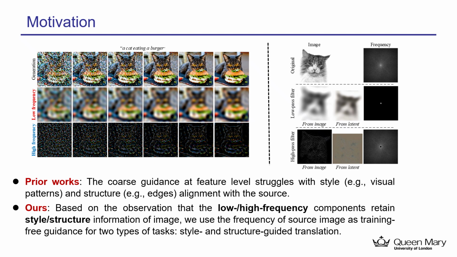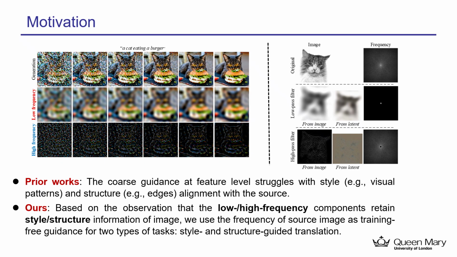In this kind of work, prior works commonly use attention manipulation to perform the translation, but we argue that the coarse guidance at the spatial level struggles with style or structure alignment with the source. Based on the observation that low or high frequency information actually preserves the cell structure of the image. For example, let's take a look at this figure on the top right.